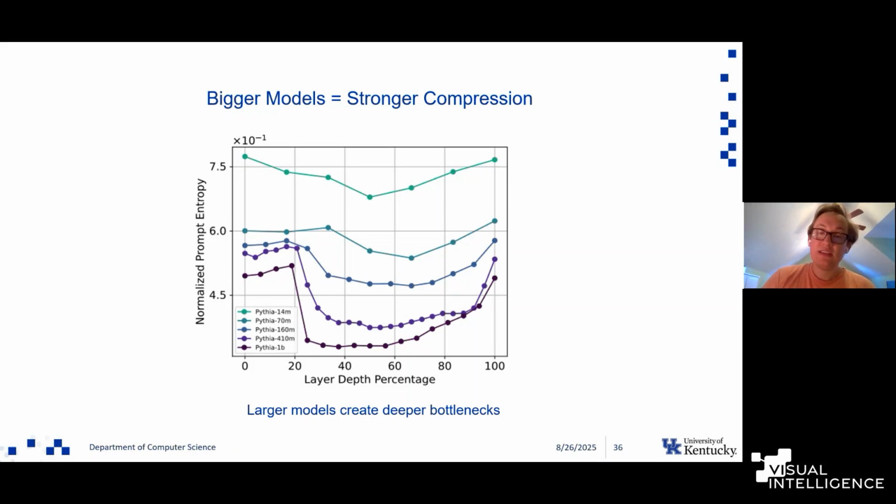And we can see that it's very clear that the smaller models don't compress as much. As you get larger, the models understand the prompts better and they compress the information much, much better. And this leads to better performance. The model scale helps as well, but these intermediate layers being more compressed also leads to better performance downstream.